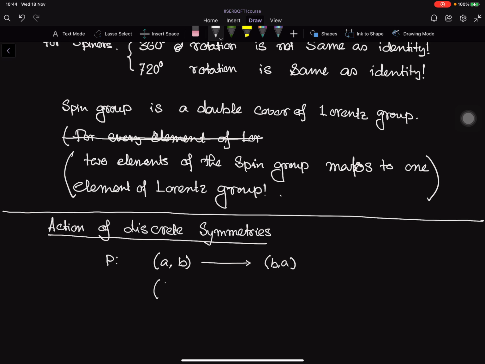So this means that if I start from left-handed spinors, this goes to right-handed spinors. Okay, so the smallest spinor representation, or smallest fermionic representations, whatever you want to call it, are not parity invariant. In order to have parity invariance, you need to have both of them.